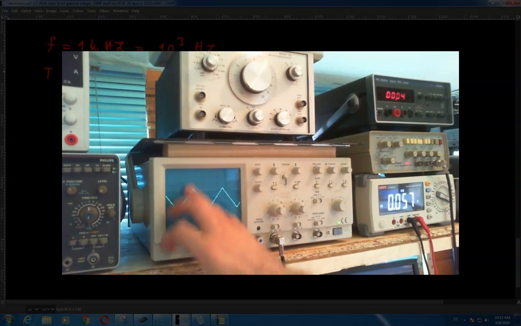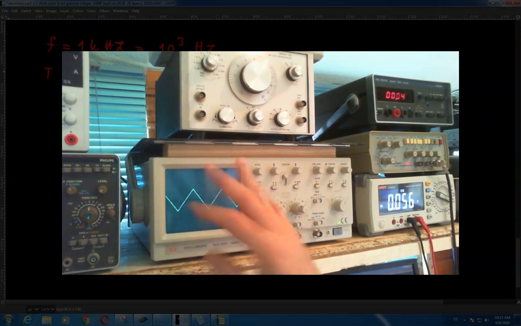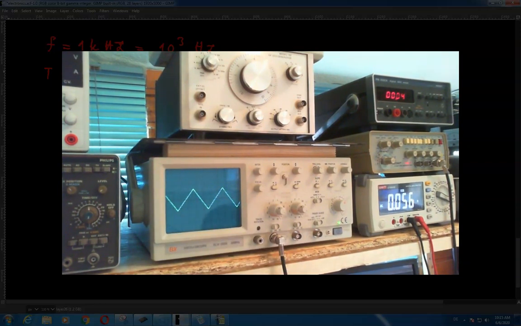We know V peak-to-peak and V peak, and also V RMS. Using these concepts, now we can go and learn a couple more things about some components, for example resistors or inductors, in these AC circuits.